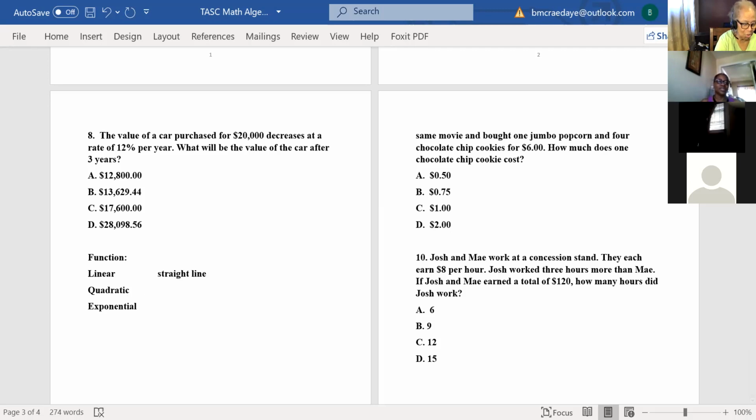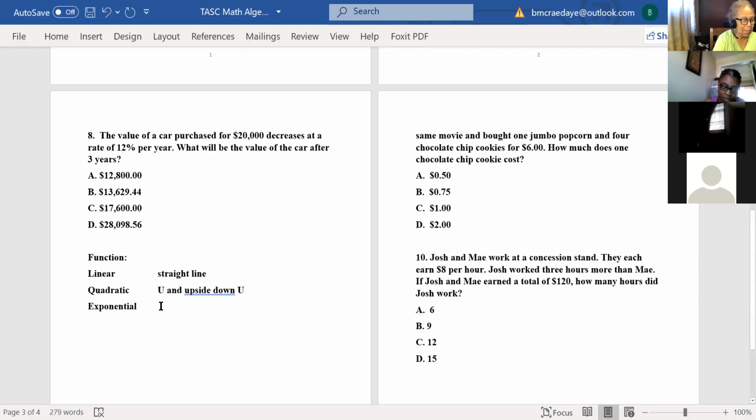A U, upside down U and regular U. That's how you remember it. So that's the way the quadratic looks. Well, when we get to the functions, we'll look at them.